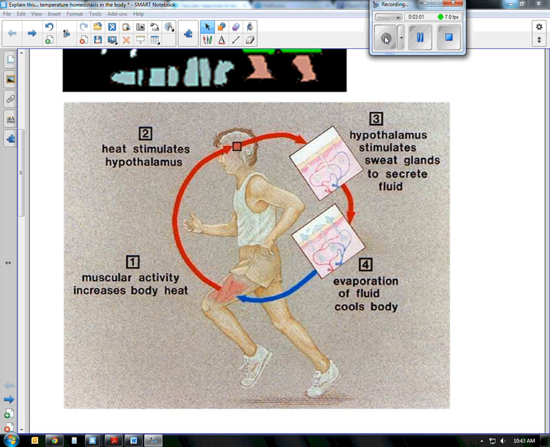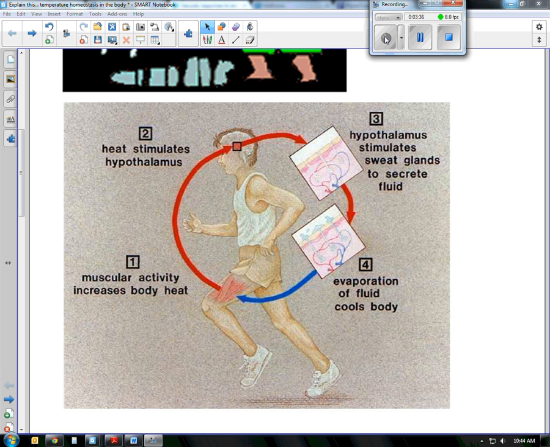So in this diagram, after the body starts to warm up in the core, the hypothalamus, this regulatory part of your brain, senses that the heat is coming up, and so it's going to try to maintain homeostasis. And so what it will do, it will stimulate the sweat glands to start producing sweat. And that sweat then, when it's on the surface of your skin, will evaporate and take heat with it. That's what evaporation does. It removes heat.